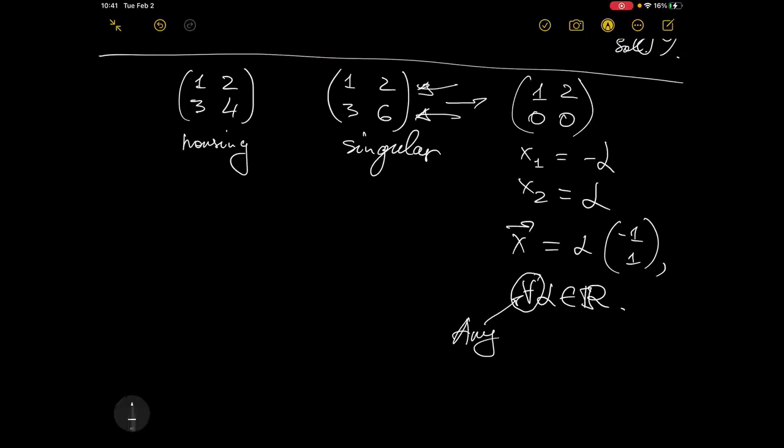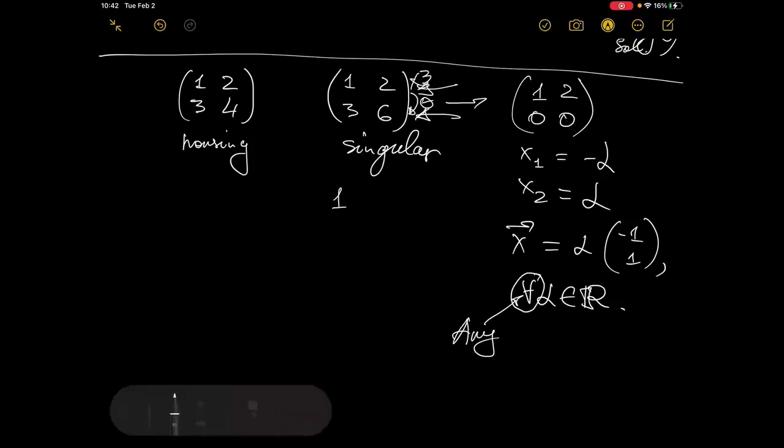Yes, your homogeneous system has infinitely many solutions, but if you consider a general system with these coefficients matrix, you can get an inconsistent system. So for example, here, I multiply this by 3 and subtract it. Okay, let me consider a system like that.